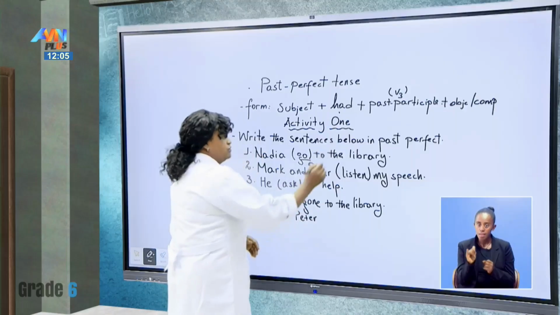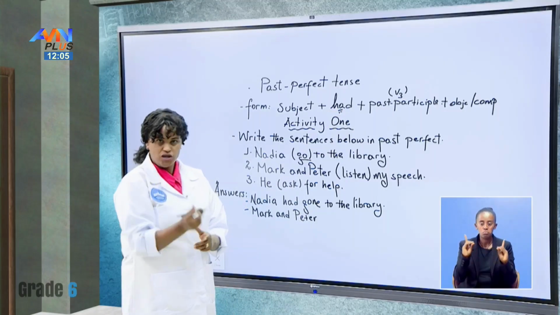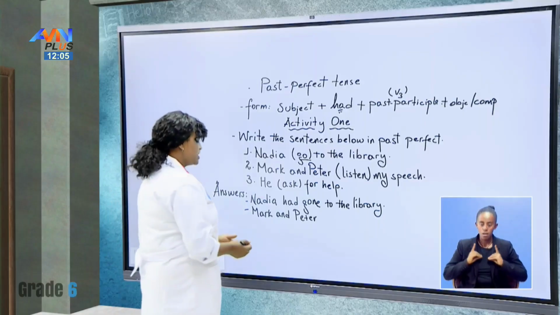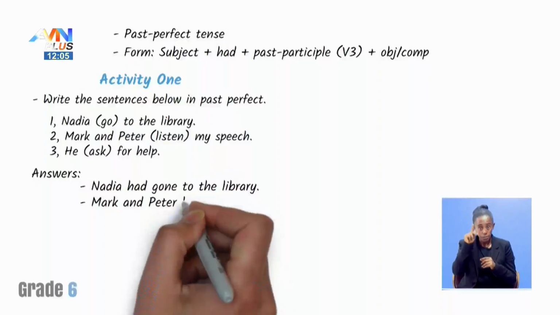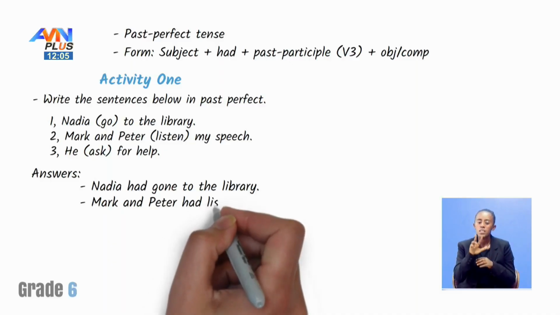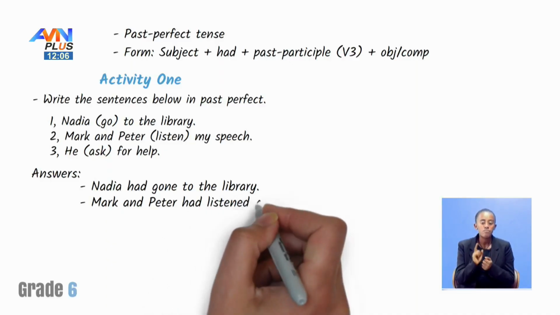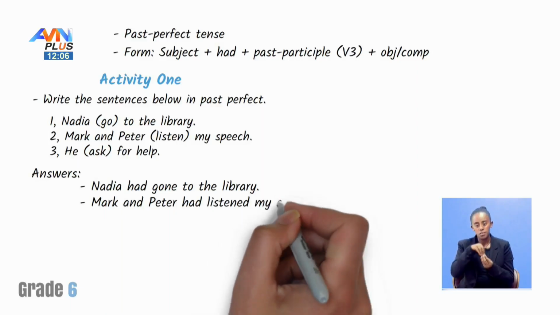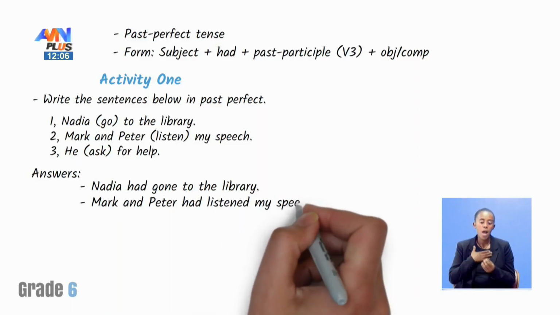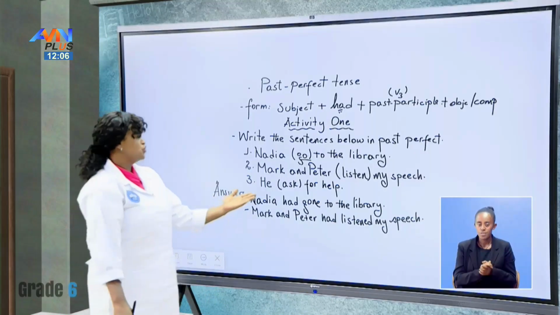Whether it is singular or plural, we only have one auxiliary, that is had. So we say, Mark and Peter had. What is the V3 form of listen? Yes, listened my speech. Wonderful.